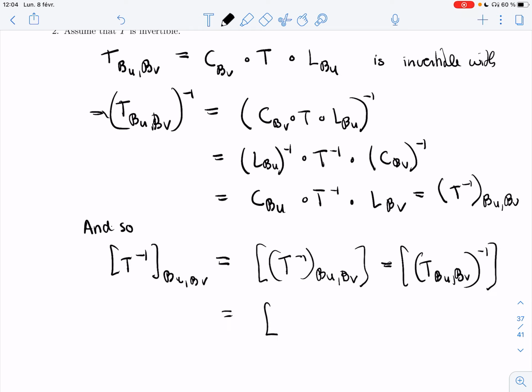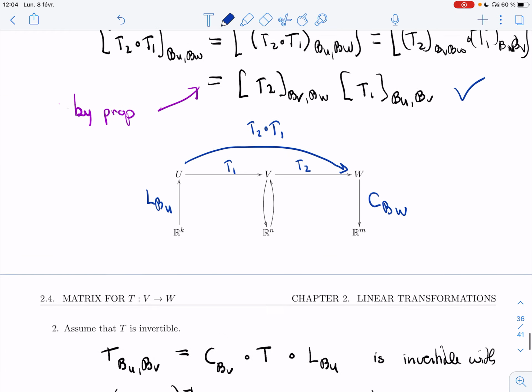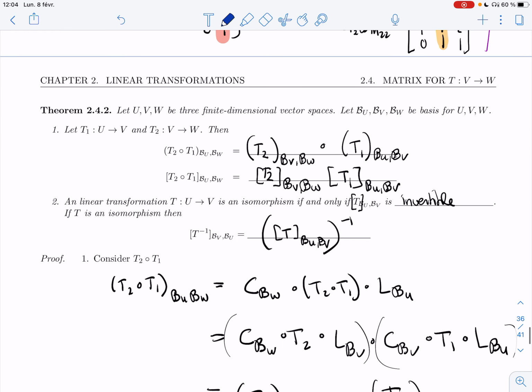And so that's T, BU, BV, inverse. All right, so let's look at what we've proven. We're not done. What did we prove? We proved that if T is an isomorphism, then the matrix is invertible, and then the inverse is this.